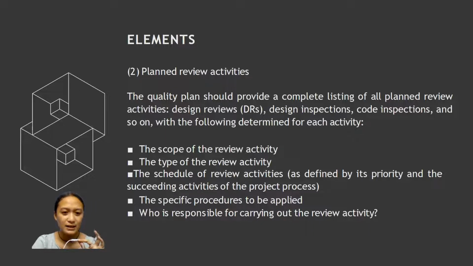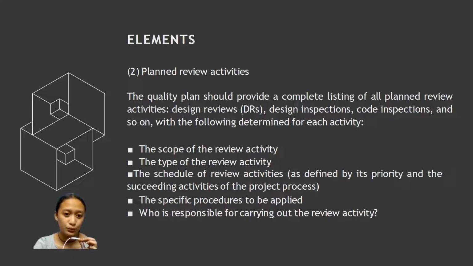Next, the second element includes the planned review activities. The quality plan should provide a complete listing of all planned review activities: the design reviews, the design inspections, the code inspections, and so on. The following are determined for each activity.